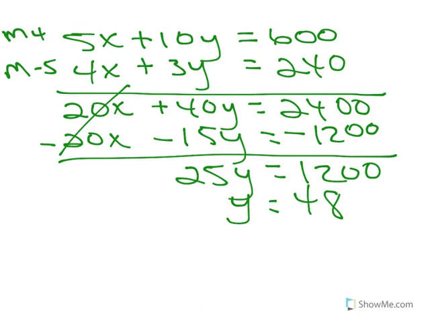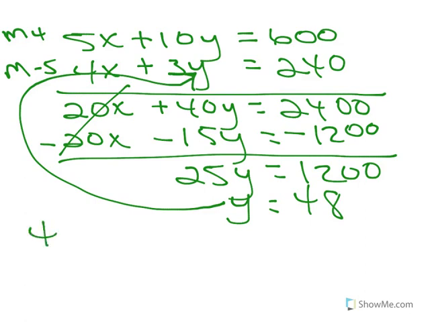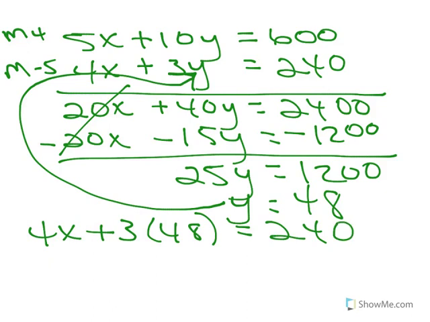We can take that 48 and plug it back up into one of these equations to figure out what the x value is. And when I put 48 back in there and I substitute it in, I get 4x plus 3 times 48 equals 240. I'm going to solve for my x now.